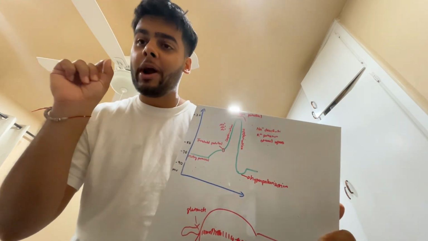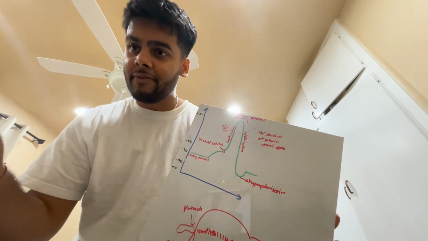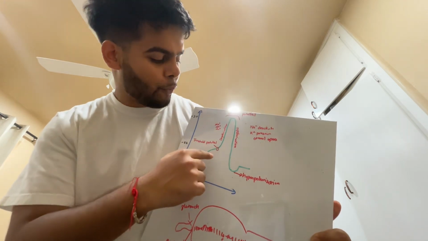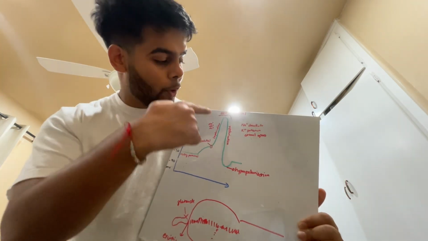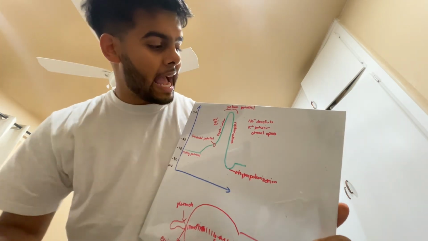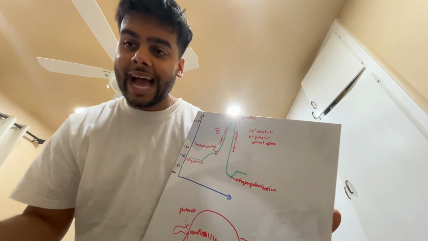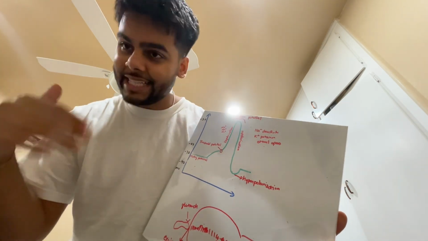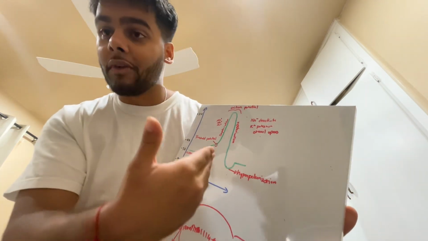Where it goes from -70 to -55, that -55 is called the voltage channel threshold. So it hits the threshold, it depolarizes, it goes all the way up, and up here it hits the action potential. Once it hits the action potential, it stops pumping in the sodiums. What it does is repolarization.